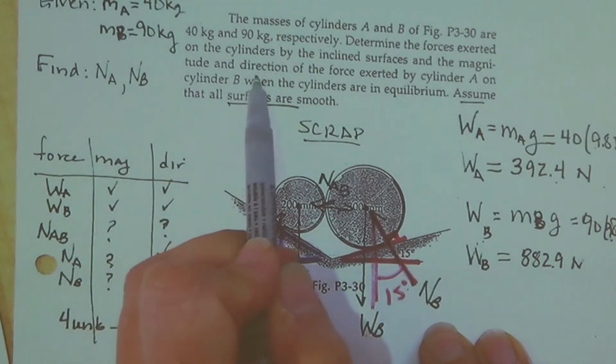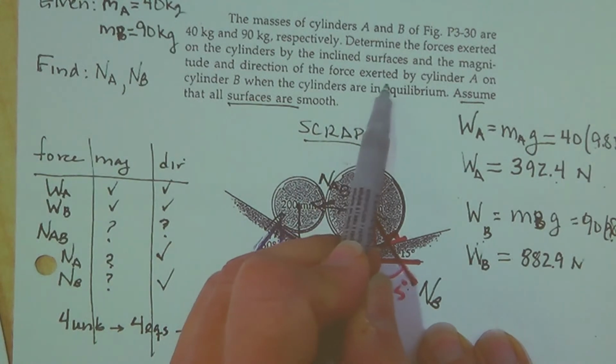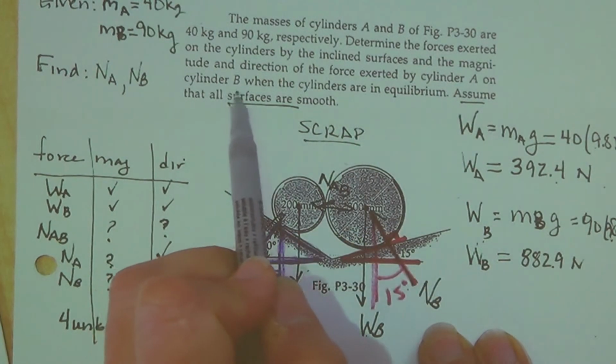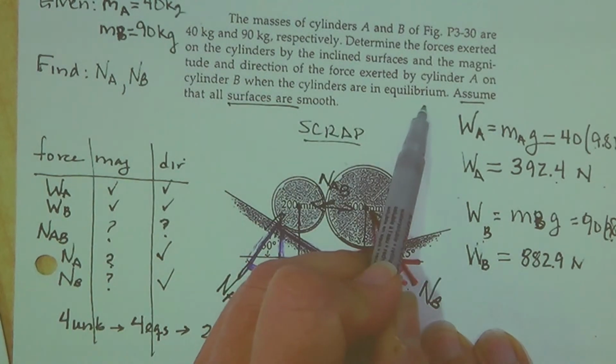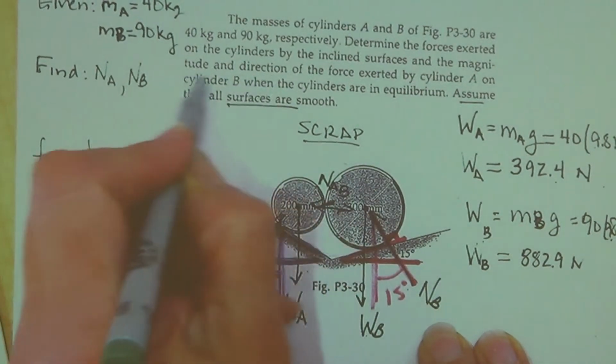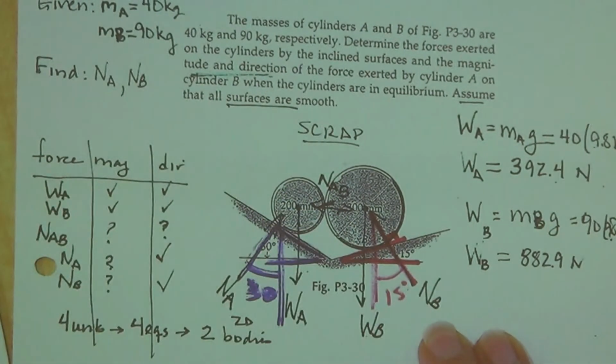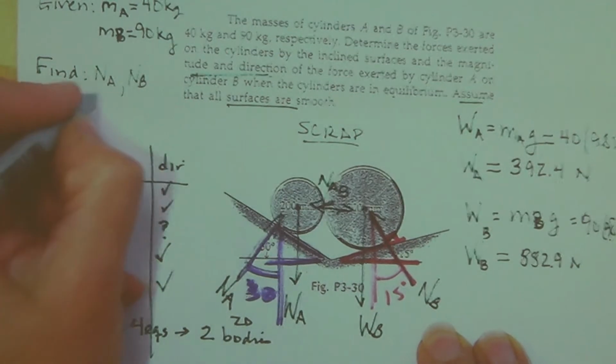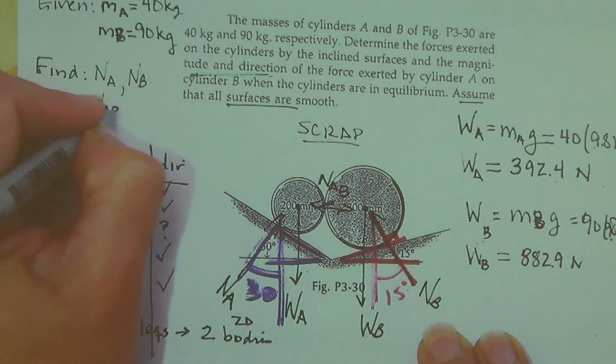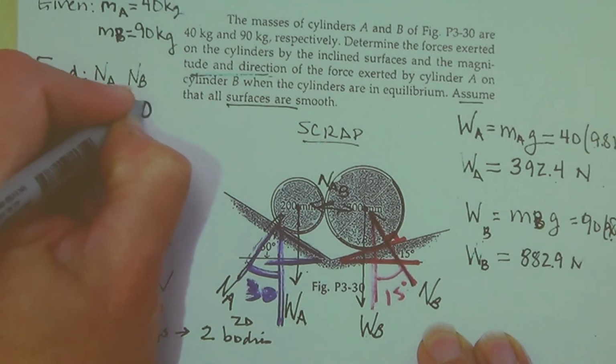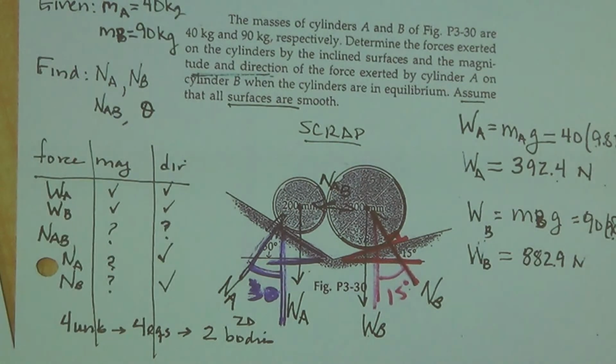And the magnitude and the direction of the force exerted by cylinder A on B when the cylinders are in equilibrium. So isn't it telling you that you have to find that direction? Right? So you need to find NAB and what? And delta. Didn't I use a delta? Is it delta or theta? Theta.